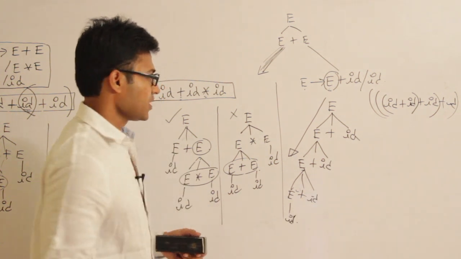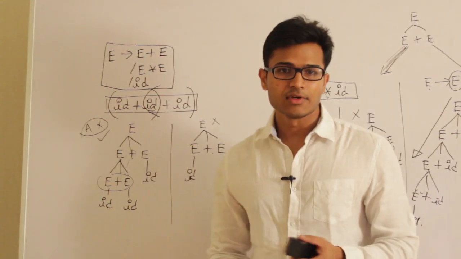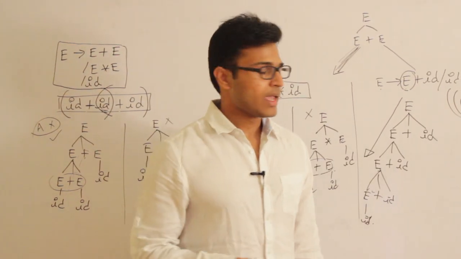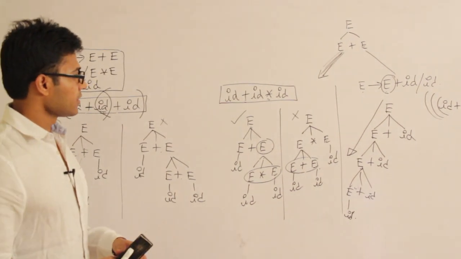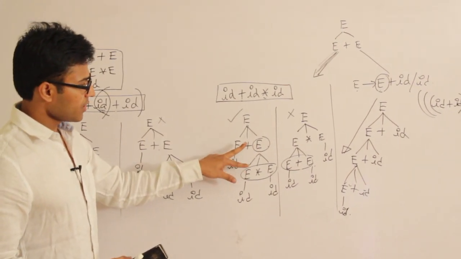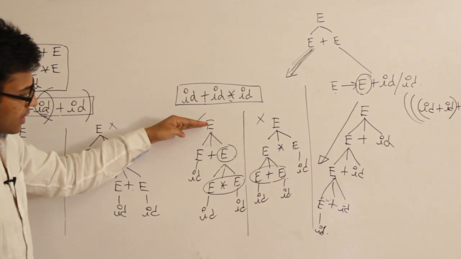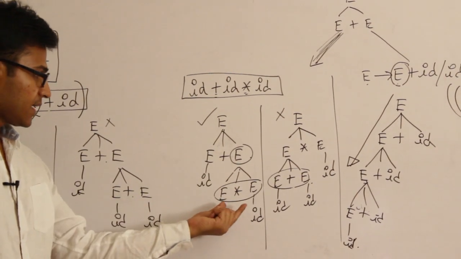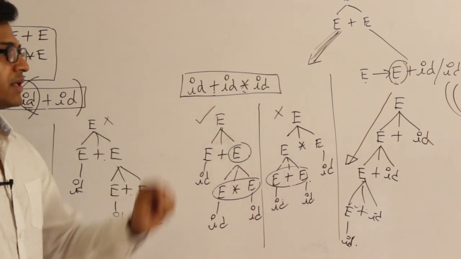Therefore, in order to fix the first problem, what is the first problem? That we are not following the associativity. We have to define the grammar to be left recursive. And coming to the second problem, we want to see that when there are two different operators, the highest precedence operator should be at the lowest level, then only it will be evaluated first, because whatever is at the last level we are evaluating first and then coming up.